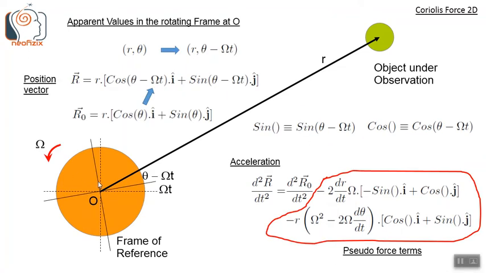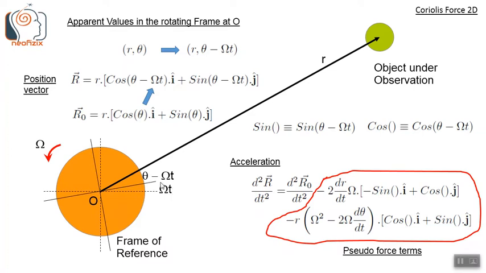Let us now consider a rotating frame of reference. The frame is rotating with a uniform angular velocity big omega or uppercase omega. Then at any time instant t after we start the observations, the r, theta coordinates that we saw in the inertial frame case get altered as r, theta minus omega t. That is, in time t, the frame itself would be rotated by an angle omega t, because it's a rotating frame.